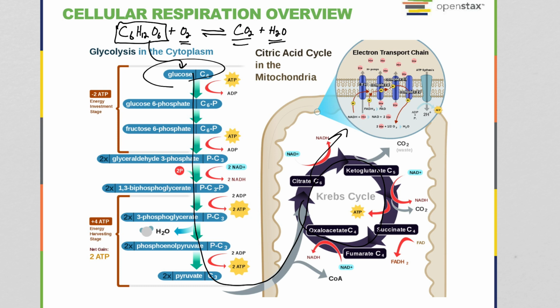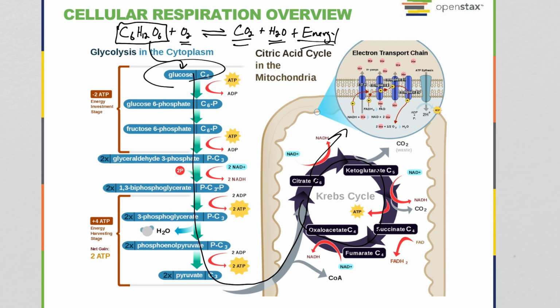And so in the process, all we're really trying to do is extract energy, right? So you can think of energy as one of the products of this entire process. That's the only thing you really want to keep, right? You don't care about keeping the actual mass of glucose, right? The carbon, the oxygen, the hydrogen, it can all go. CO2 and water. The energy is what we want to keep.